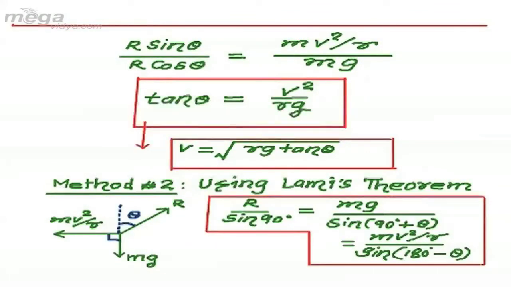By using this relation which I have written using Lami's theorem, I can also get the same result, which is obtained here as tan theta equal to v square by rg.